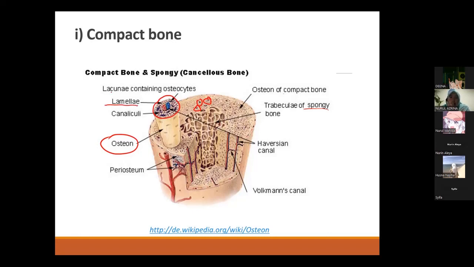I will show you the detailed picture later, but now I just want you to hear the names. Lamella. Number 2, canaliculi. Next is Haversian canal, and Volkmann's canal. So those are the structures. Now let's go and explore.